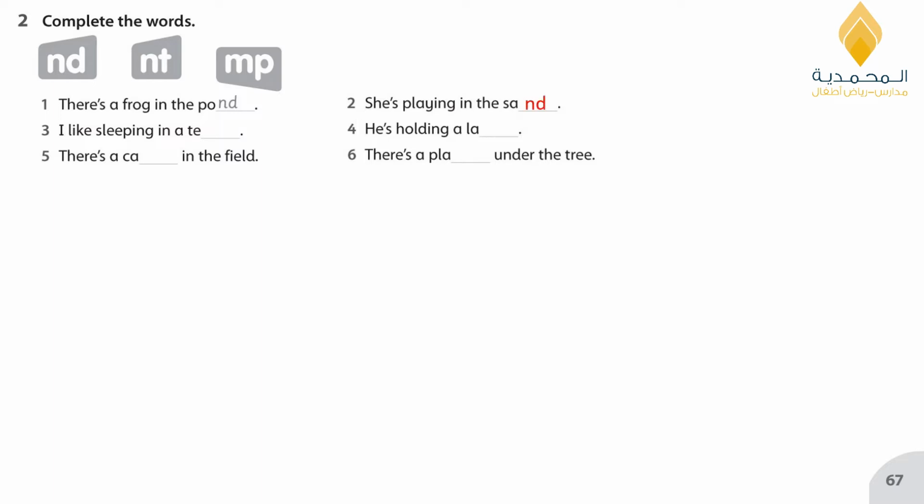Excellent. 3, I like sleeping in a tent. Good job. 4, he's holding a lamp. Great. 5, there's a camp in the field. 6, there's a plant under the tree. Excellent.